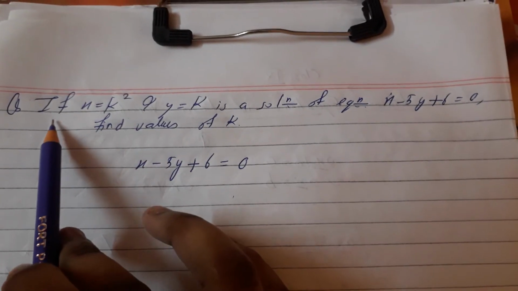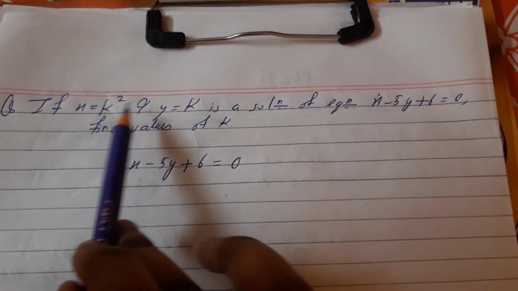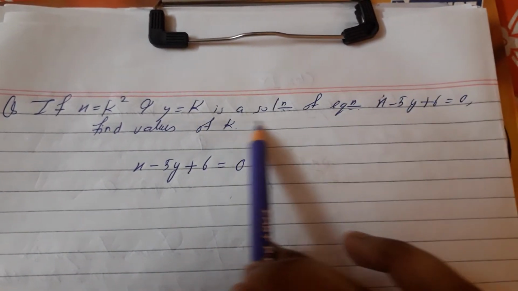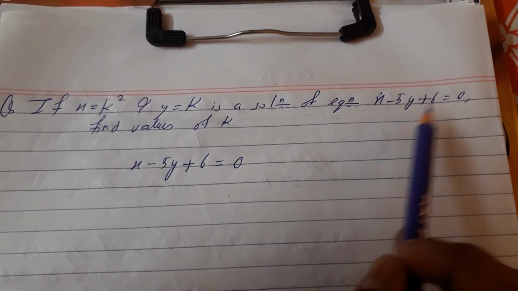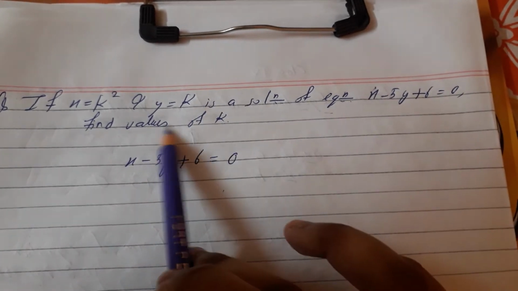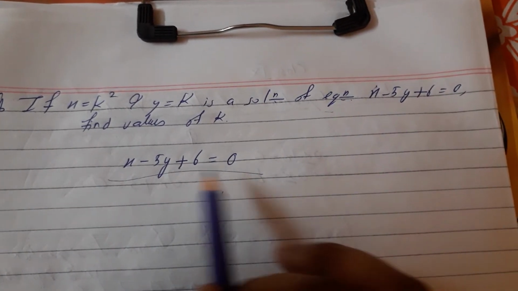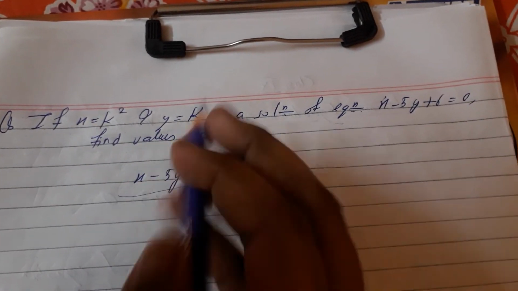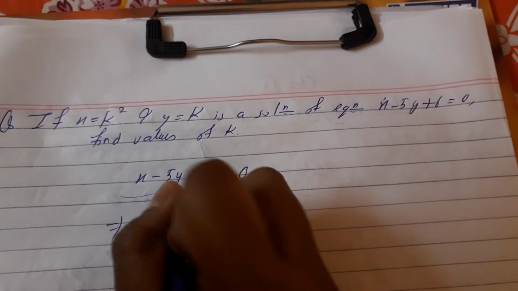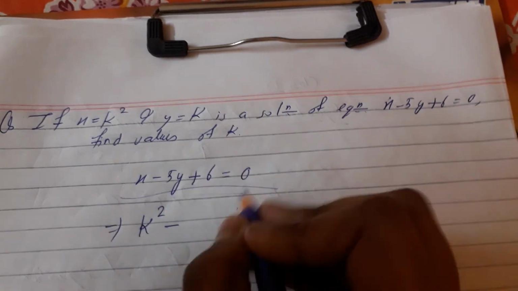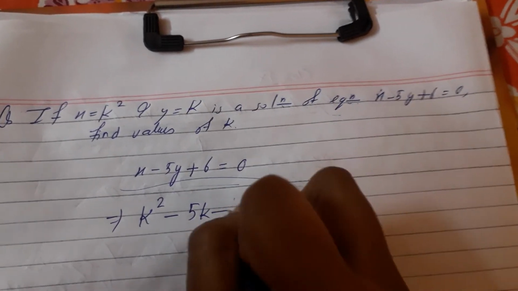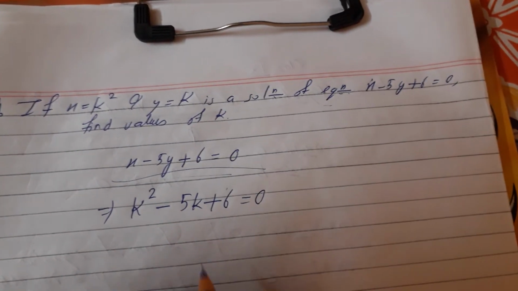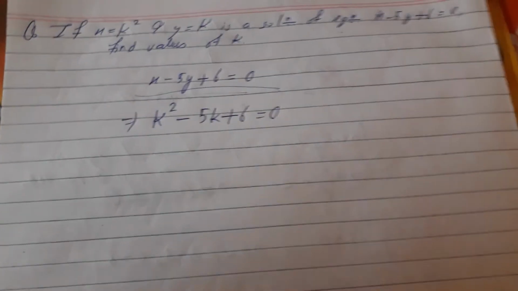See the next question. If x equals k squared and y equals k is a solution of the equation x minus 5y plus 6 equals 0, find the values of k. Now this is your equation, so you have to put the values of x and y. On putting, you will get k squared minus 5k plus 6 is equal to 0. Now you have to factorize it.